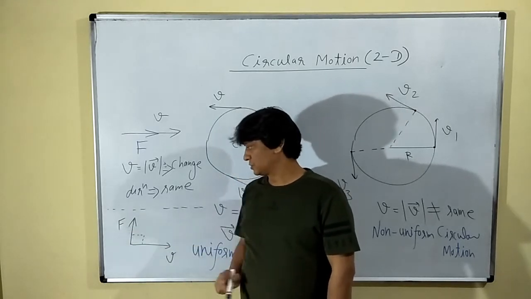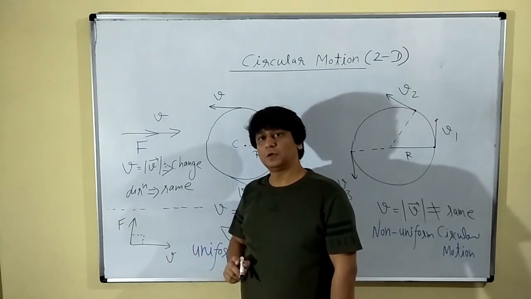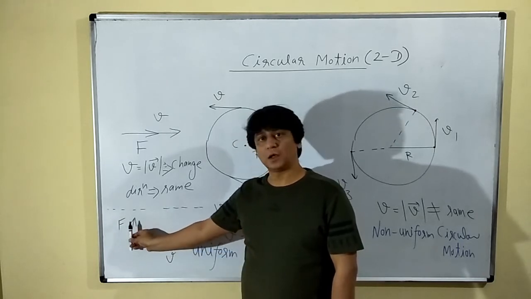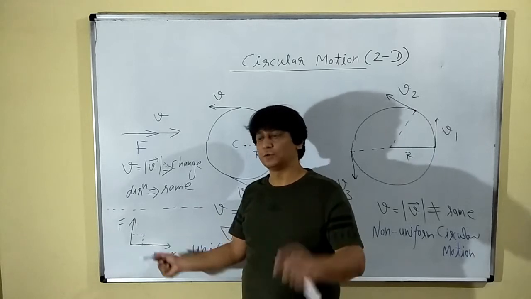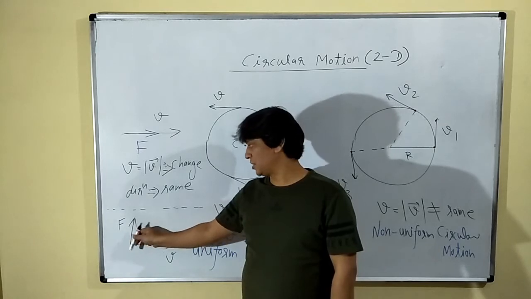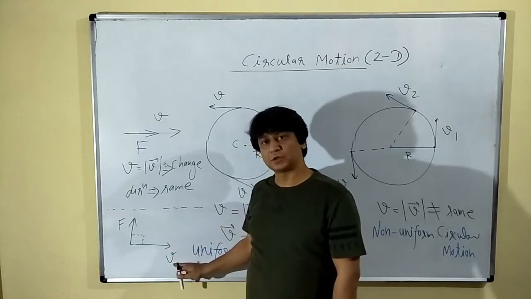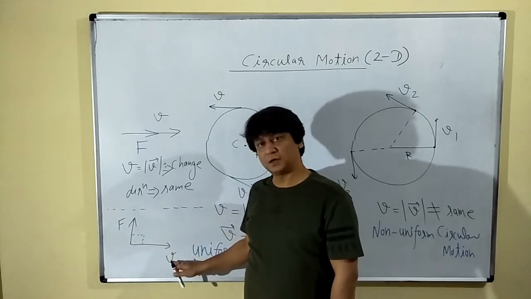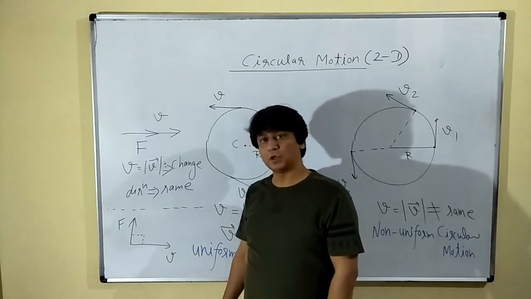If force is perpendicular to the velocity vector, तो आपको पता है कि किसी भी वेक्टर का अपने से 90 पर क्या इफेक्ट होता है, जीरो. This force cannot change magnitude of this velocity. If force is perpendicular to the velocity vector, then it cannot change magnitude of the velocity.